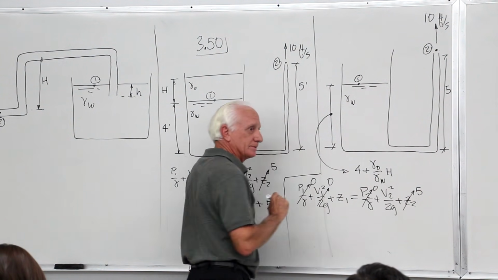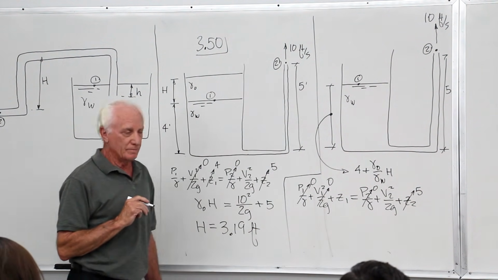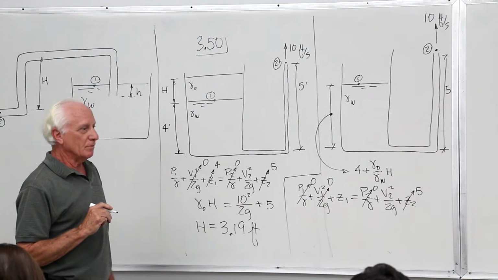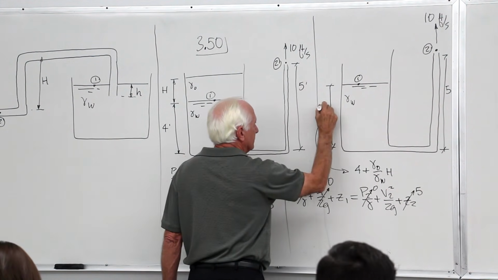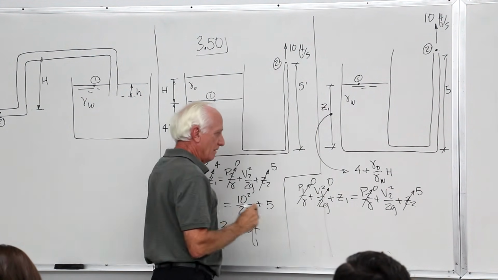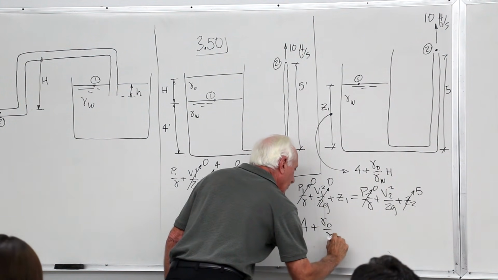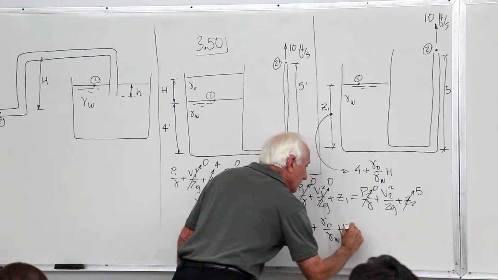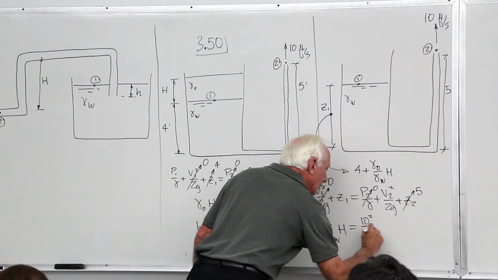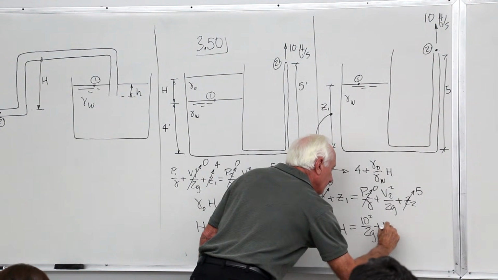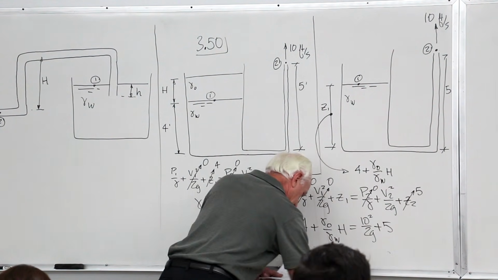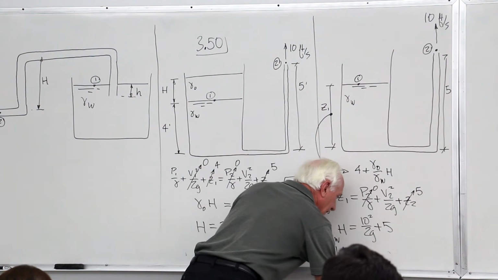P1 is 0 now, on the free surface of water. Here comes Z1. This is, by the way, Z1. 4 plus gamma oil over gamma water times H equals 10 squared over 2G plus 5. H is equal to 3.19 feet.